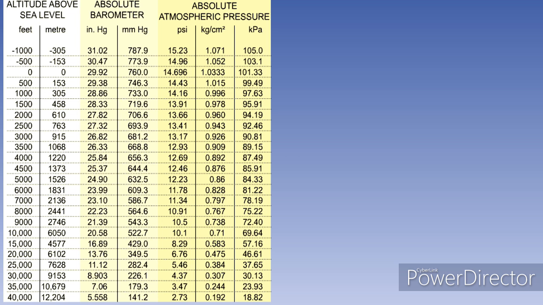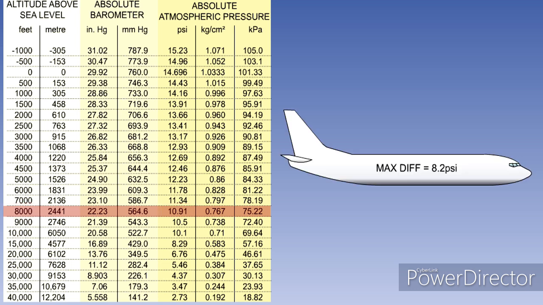As you can see from this barometric pressure table, the air pressure at 8,000 feet is 10.91 psi. So if the manufacturer has set the aircraft's maximum differential pressure at 8.2 psi, then the minimum outside pressure is 10.91 minus 8.2, which equals 2.71.